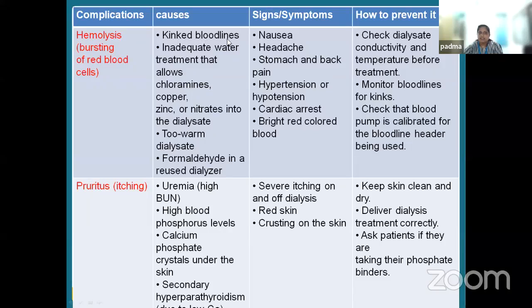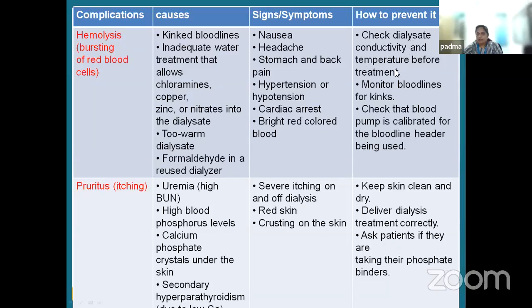The main causes are kinked blood lines, inadequate water treatment that allows chloramines, copper, zinc or nitrates into the dialysate machine, too warm dialysate, or formaldehyde in reused dialyzers. These are the causes. And the main symptoms are nausea, headache, stomach and back pain, hypertension or hypotension, sometimes maybe cardiac arrest, and bright red colored blood.